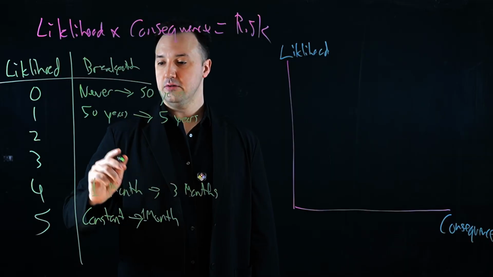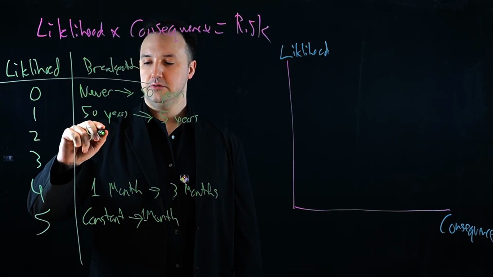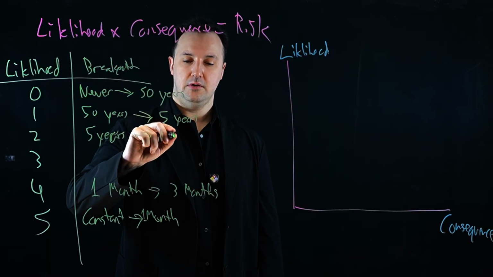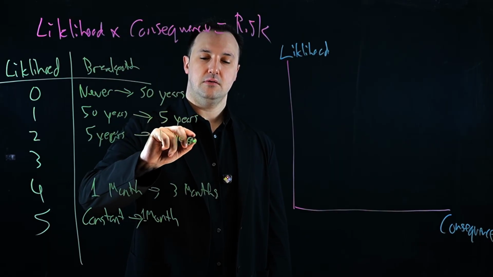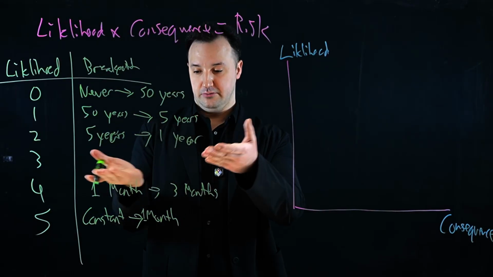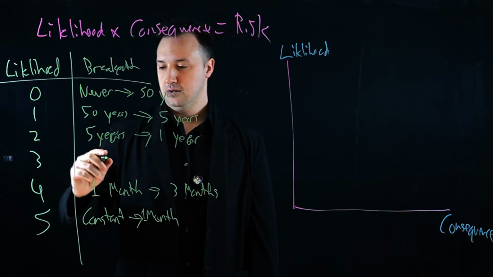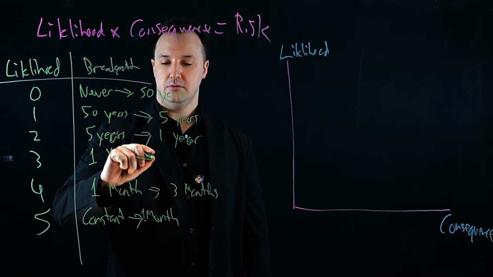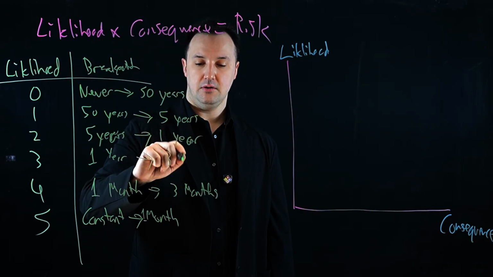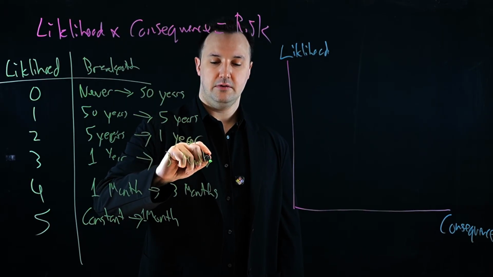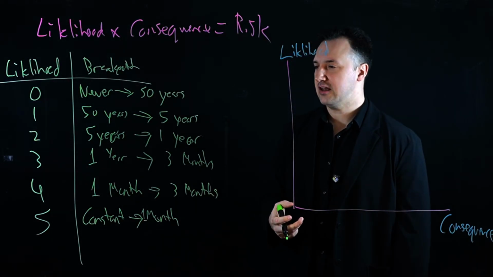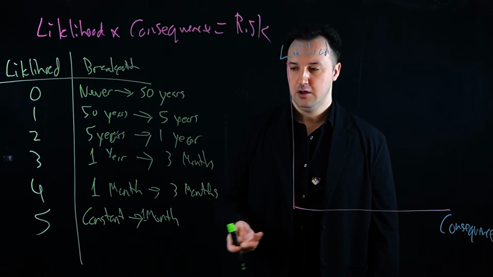And then for 5 years, we would have from 5 years to 1 year. And then 3, because you have your last breakpoints here, you just fill it in. You would have 1 year to 3 months.